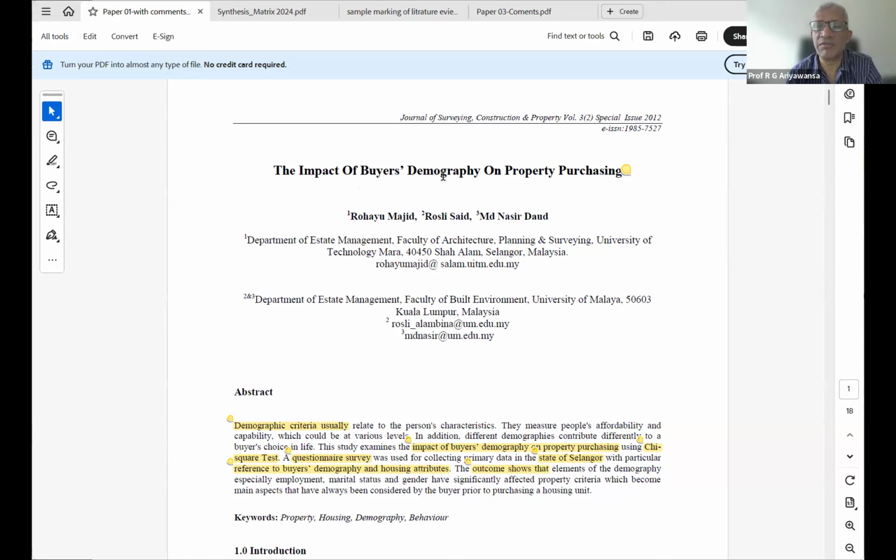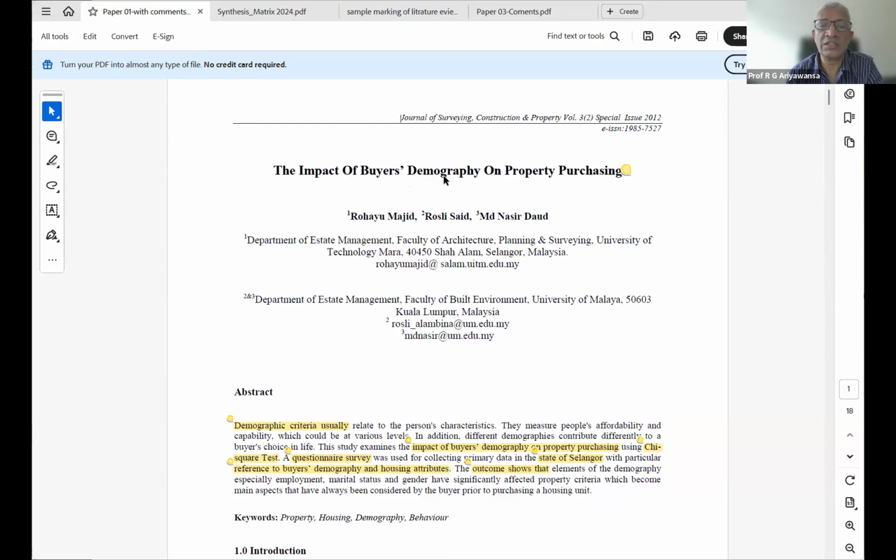So you should know what demography is. Therefore, how the bias demography affects or impacts property purchase, that is the research problem. The problem is the important area he is going to investigate. These particular authors or researchers have investigated this particular area.